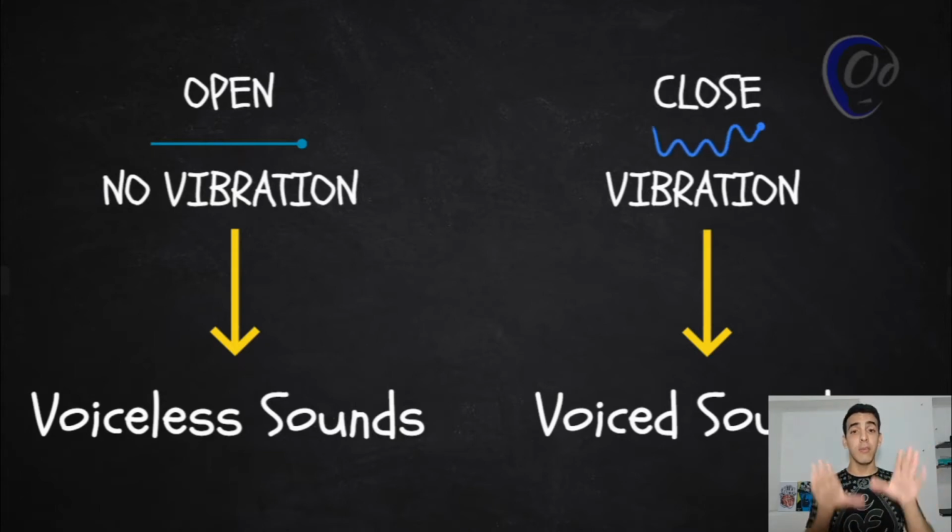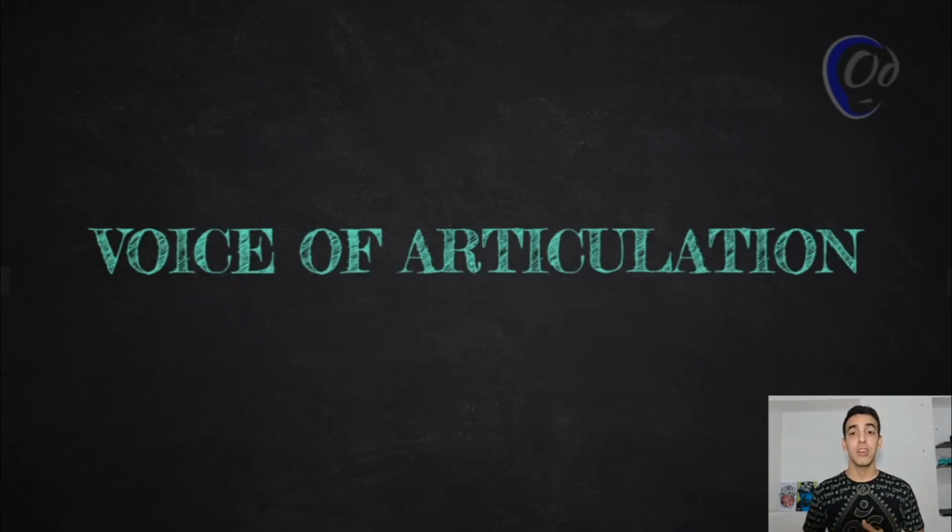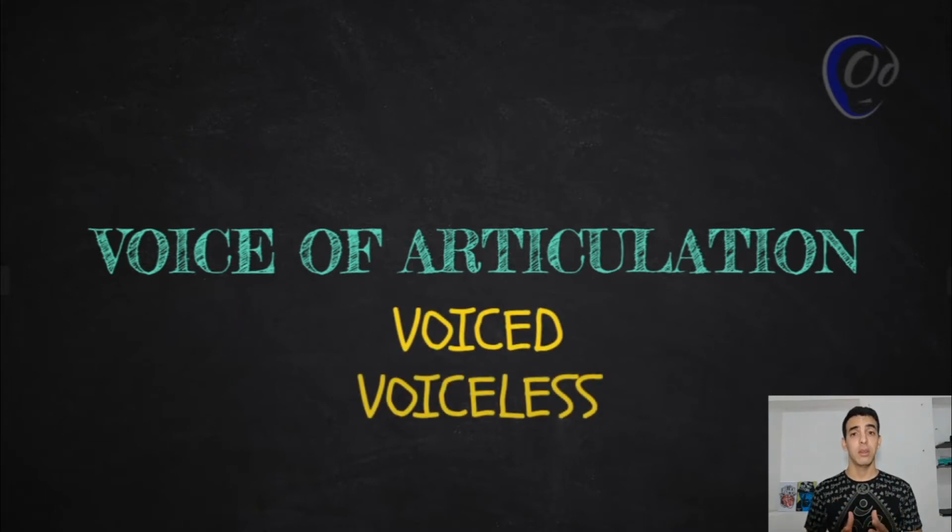Closed, they vibrate, so they are voiced. With no vibration, they are voiceless sounds. Voice of articulation is the first way that we are going to use to classify sounds: voiced and voiceless sounds.